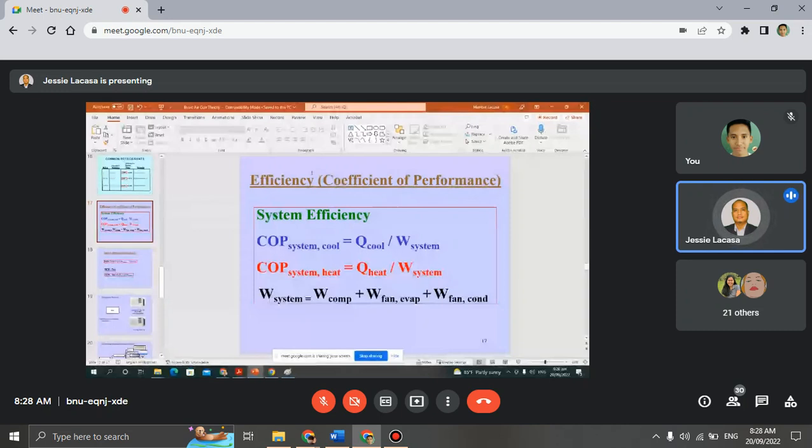Then for the EER or energy efficiency ratio, EER is equal to 3.412 times the COP of the system. The EER is computed as BTU per hour per watts. The BTU per hour is the cooling produced, and the watts is the input power.